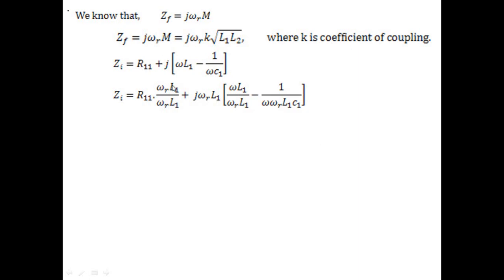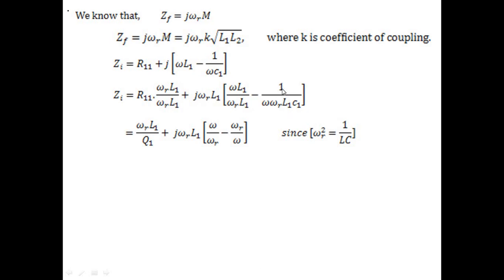For the first term, R11 plus, you take J omega R1 as common, and you divide this term with omega R into L1. Omega L1 divided by omega R into L1 minus 1 by omega R L1 C1. Omega R square is equal to 1 by LC, so here we have 1 by LC, we can replace it with omega R square.